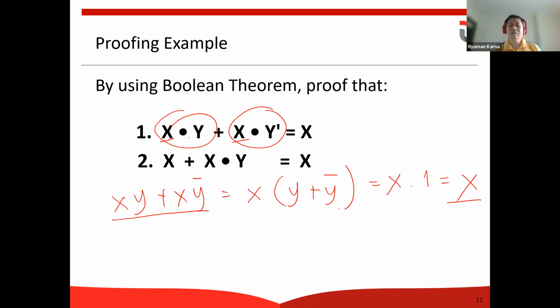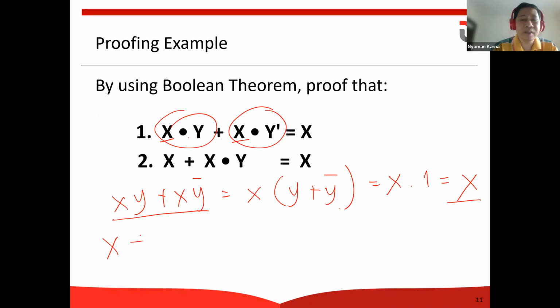Okay, any questions so far about our first proving example? Okay, if not, then let's move on to the second example.